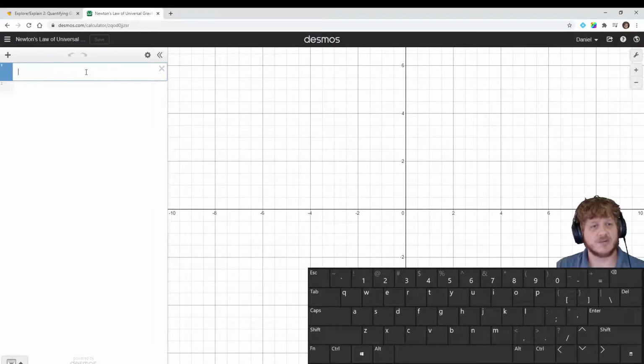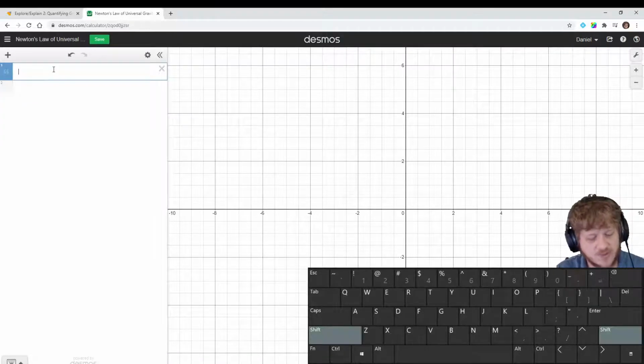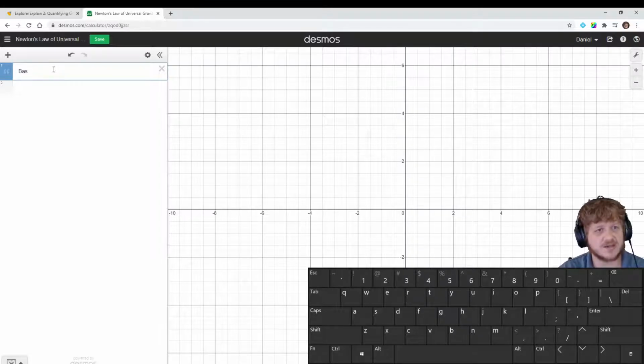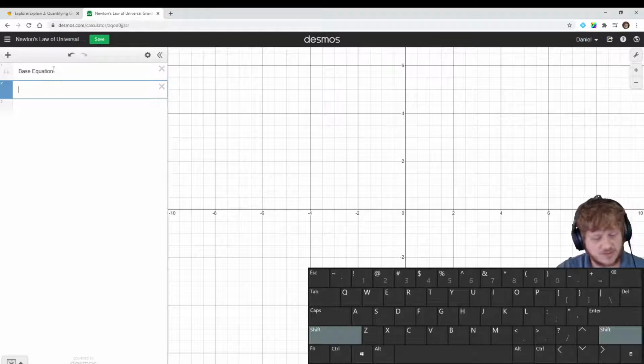So first things first, we want to make it about the Newton's law of universal gravitation. So we'll here add an expression, and we'll just call it base equation. And so we'll type in the equation.